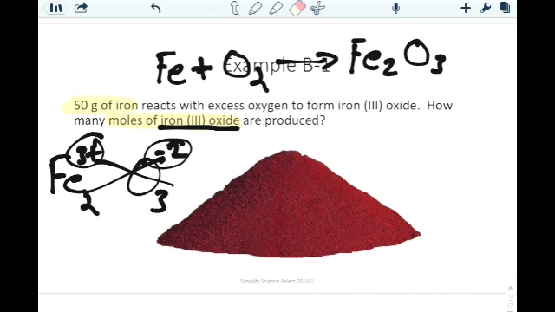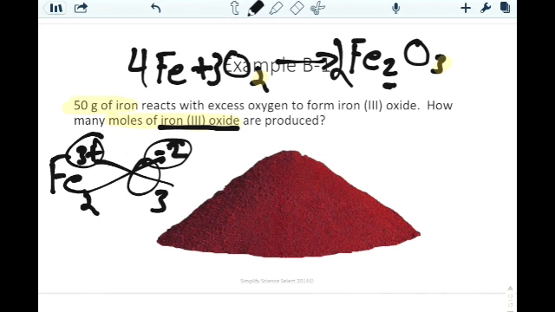What we have to do is come back to oxygen, where we see a 2 and then a 3. Anytime you see a 2 and a 3, normally the common value is going to be a 6. So how do we make 6 oxygens on this side? Well, it's 3, and then we put a 2 right here. Remember, that 2 distributes to iron as well. So my oxygens are balanced, but now my irons are 4, so we just put a 4 right there.